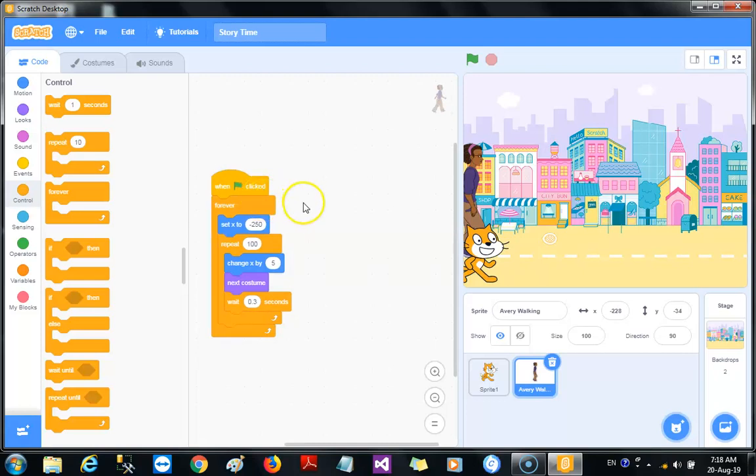Remember, Scratch has support for text to speech, but that's relatively supported on some systems, some operating systems. In this video, we would not be using the text to speech. However, we'll be using the normal say blocks.